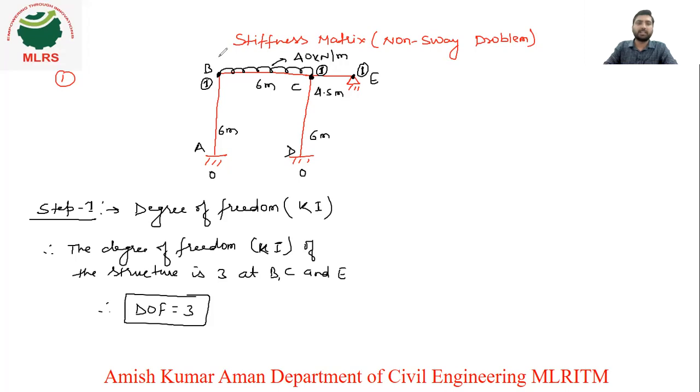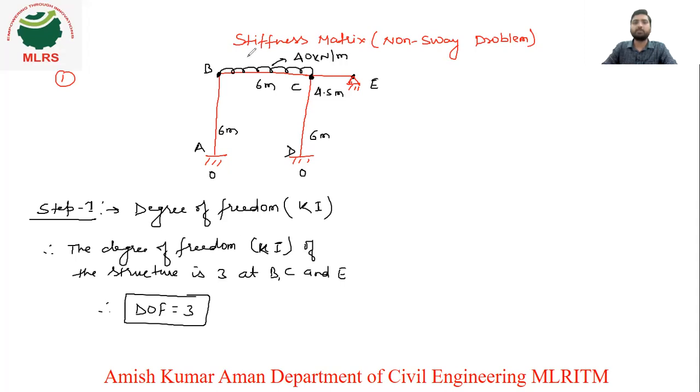So here degree of freedom is 3. Let's say this is our coordinate number 1. Now I am naming the coordinates. Let me remove this first. Now I will give the names for the coordinates. This is your E point, right? And this is your hinge. Now I am giving the names.